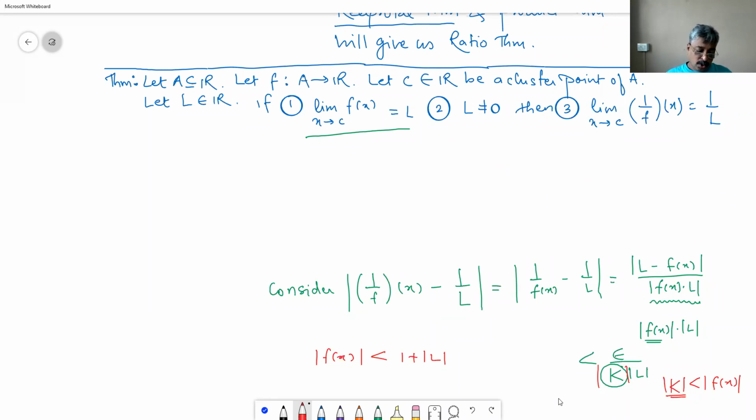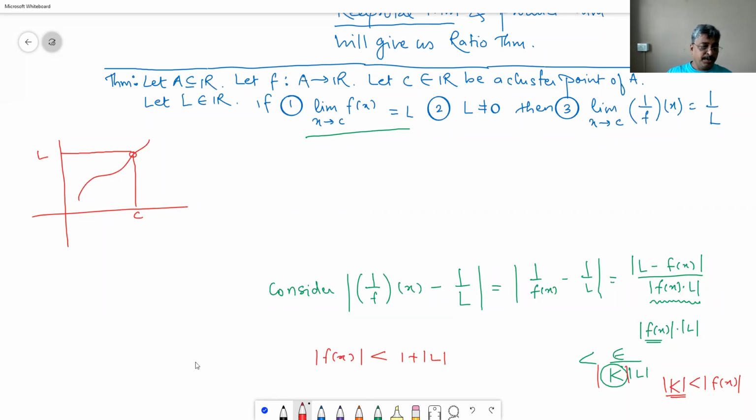Okay, so now for this, let us consider the diagram. We will do it in general for f of x. So if f of x is some function, like yesterday we have said, this is f of x and this is your c, this is your L. Now two cases: either this L is a positive number or L is a negative number.